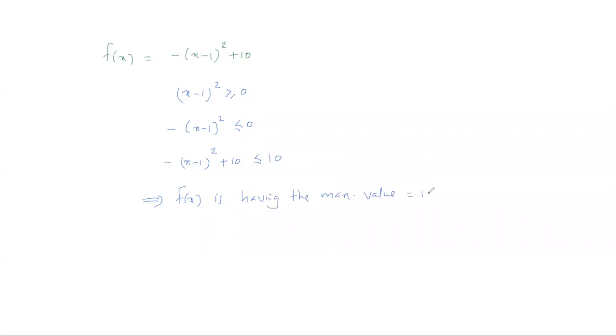And maximum occurs when x minus 1 is equal to 0. x minus 1 0 है तो ही वो maximum value मिलेगा. Correct? That means that x is equal to 1. So there is no minimum value. Understood?